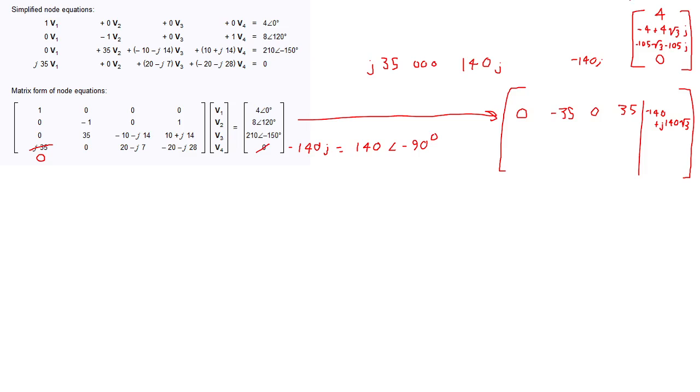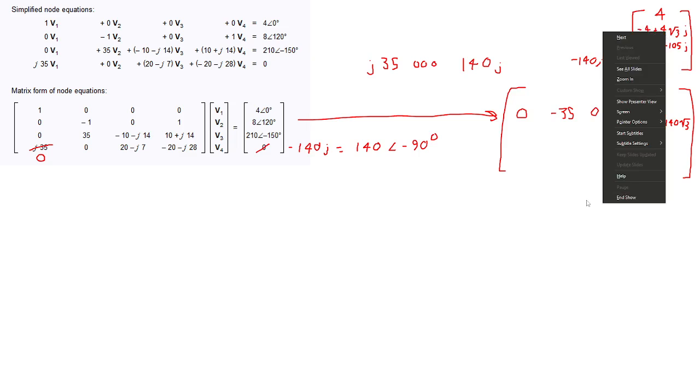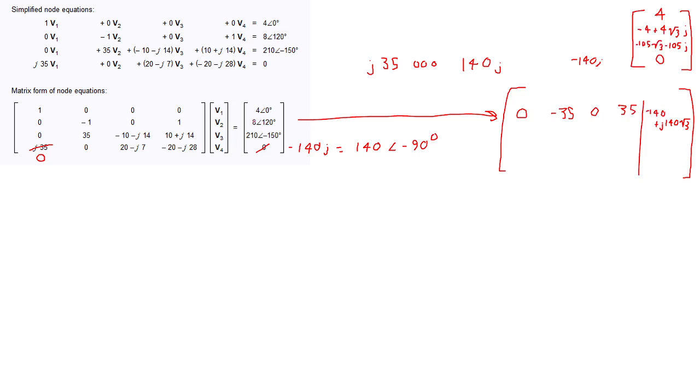The calculation for example, the second row would be 8 cosine of 120 plus j sine, plus 8j sine of 120. So, sorry, the calculation for this right here is done.